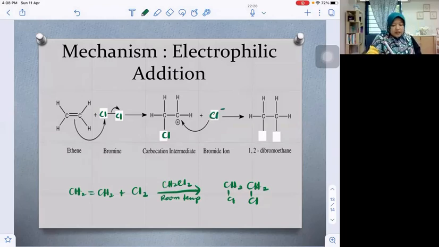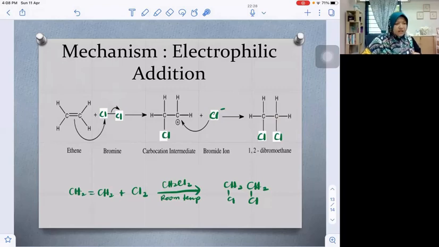In the second step, this Cl minus, the negative ion, will attack the carbocation, so it will attach to it. Now we have two chlorines attached, and the carbon-carbon double bond turns into a single bond with one chlorine on each carbon. This is the electrophilic addition reaction.